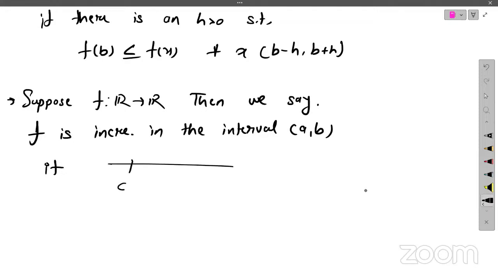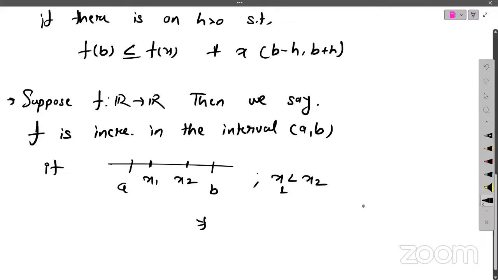So this is your a, this is your b. If you choose any 2 points, let's name them x1 and x2, in between a and b, in such a way that x1 is strictly less than x2, then if the function preserves this inequality, so that the value of f(x1) is also less than f(x2).